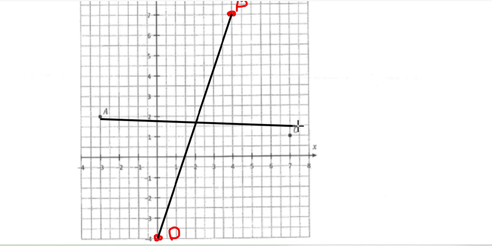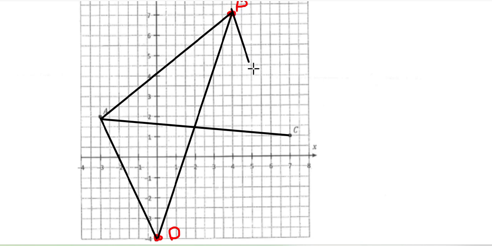In a parallelogram, the diagonals intersect at their midpoints. Do you see the way the midpoint of AC is the same as the midpoint of BD? That is definite proof it's a parallelogram.